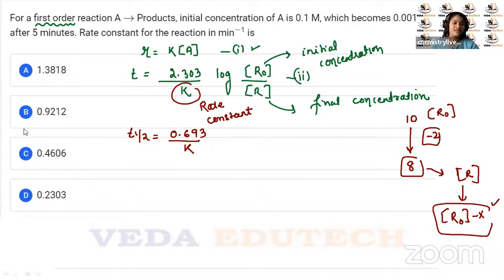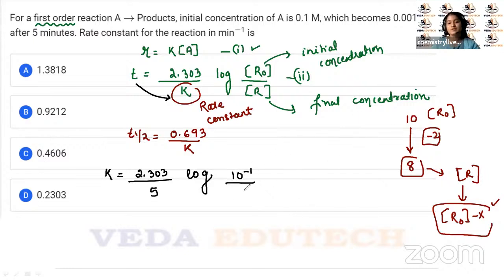Now, what is given to us in the question? Initial concentration is that much and which becomes this much after 5 minutes. So you are asked K, so bring it this side. It will be K equals to 2.303 by T, which is 5, log R naught is 0.1, which is 10 to the power minus 1. This one is 0.001, which is 10 to the power minus 3.